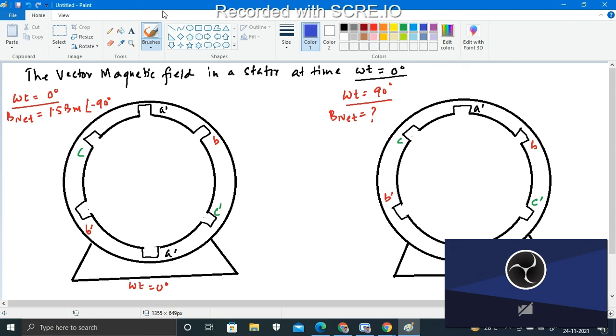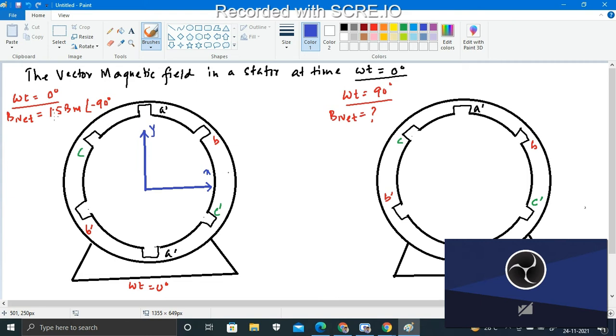Okay, so we have made the axis. We are considering only the two sections. So this will be my y, this is my x.